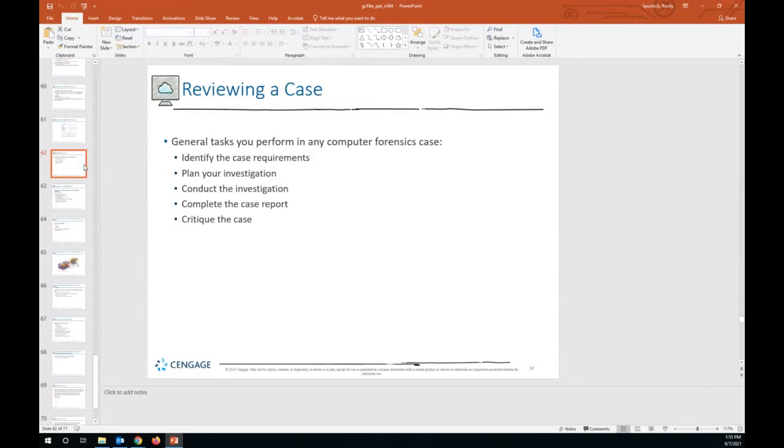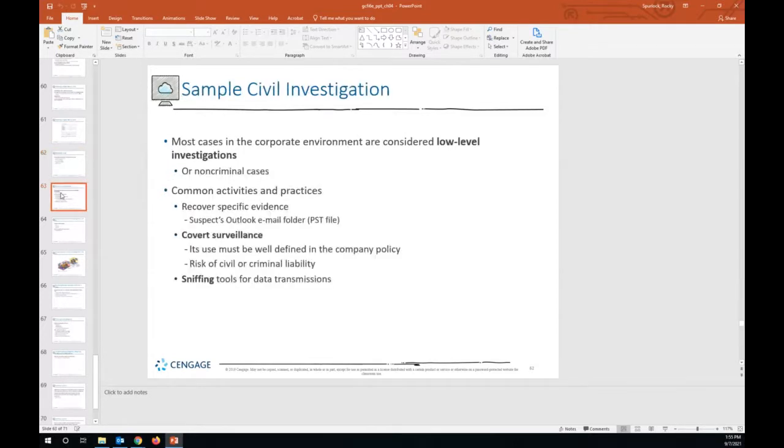When you review a case, general tasks you perform in any computer forensic case include identifying the case requirements, planning an investigation, conducting the investigation, completing the case report, and then critiquing the case. So we'll look at a sample civil investigation.